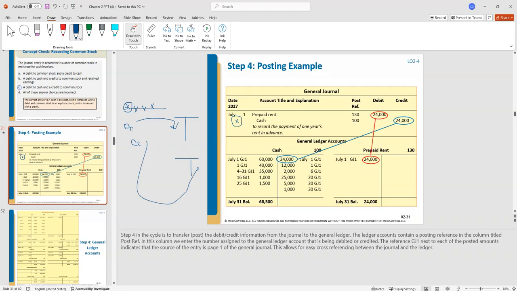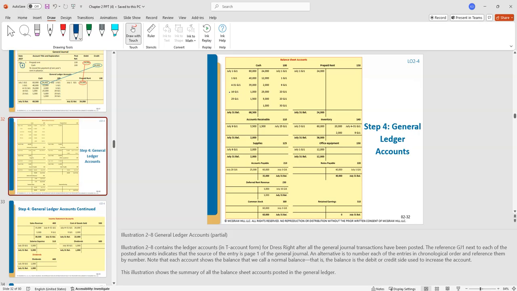So for this one, we did debit prepaid rent, 24, credit cash. You can see we take it down on there. For each of those, you would do the posting.